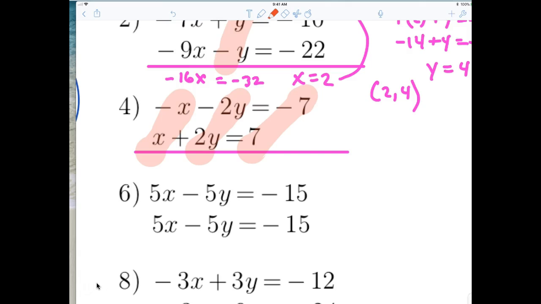I would like for you to write down, this just happens to be the what? The same line. The reason why I want you to write that down is because I want you to understand what it means. You're graphing the same line. When you graph the same line, there are an infinite number of solutions. Every point on that graph is a solution.